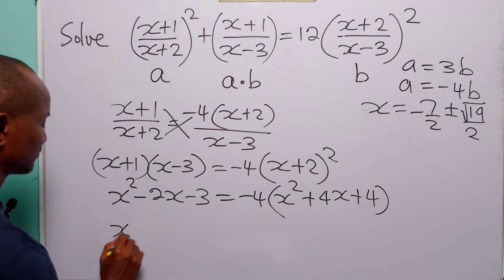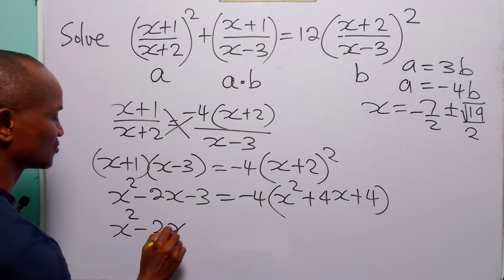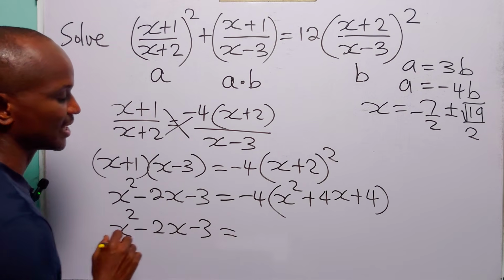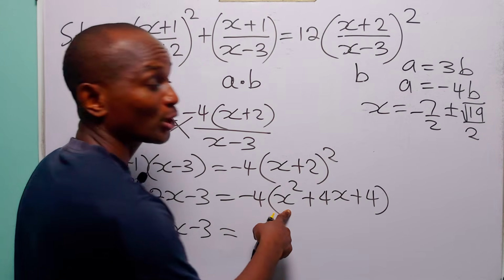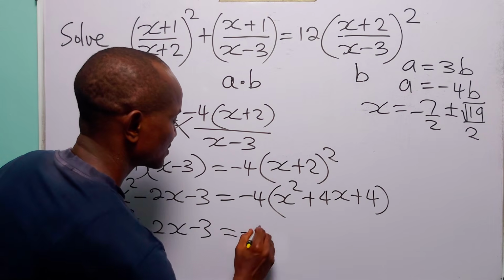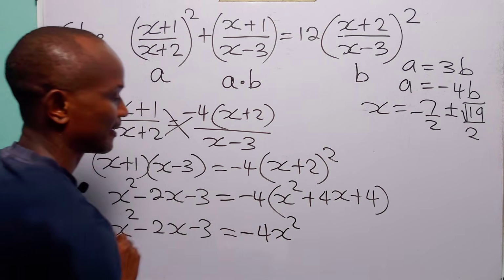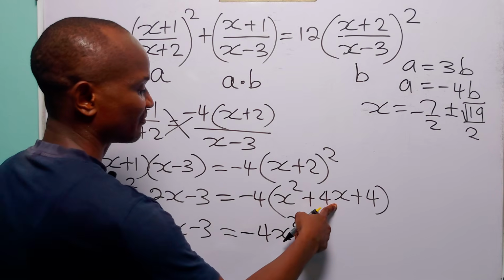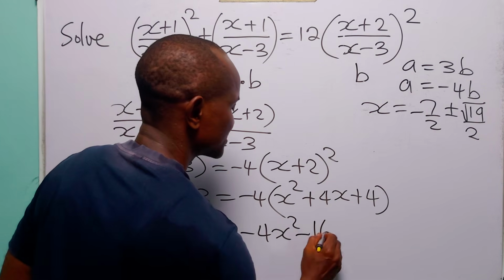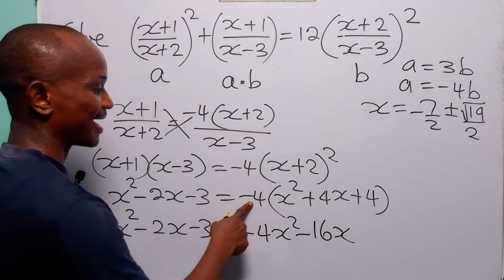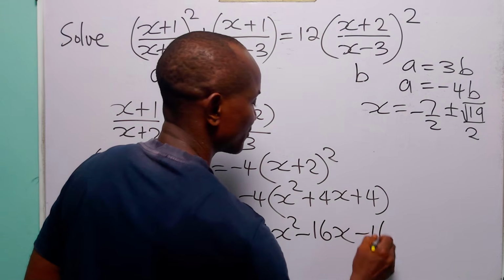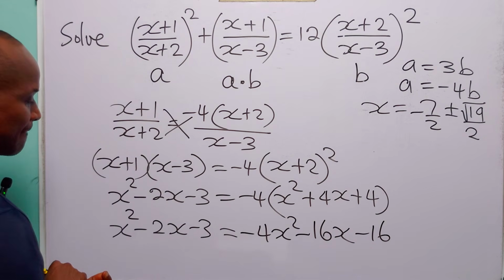We have x squared minus 2x minus 3, and this is equal to minus 4 times x squared, which is going to give us minus 4x squared. Minus 4 times 4x is going to give us minus 16x. And minus 4 times 4 is going to give us minus 16.